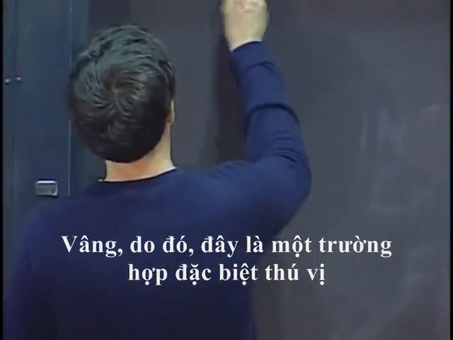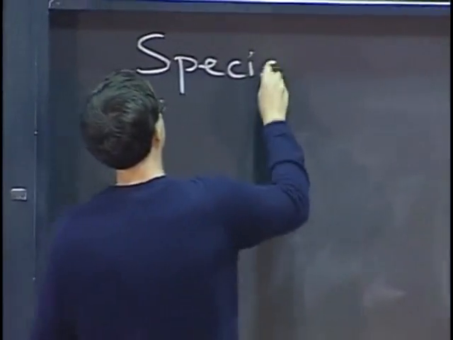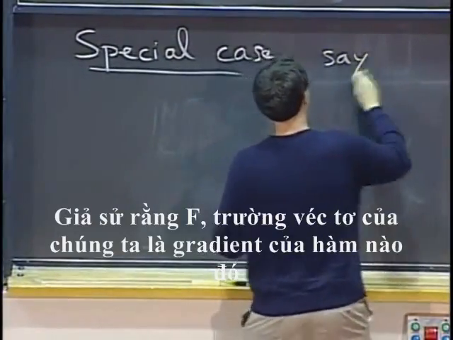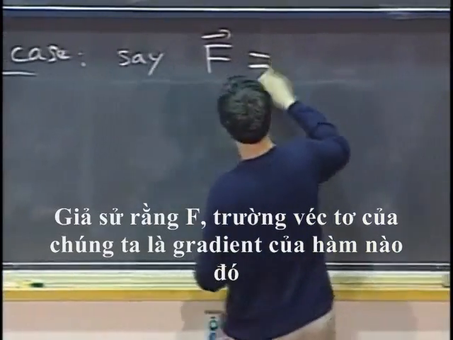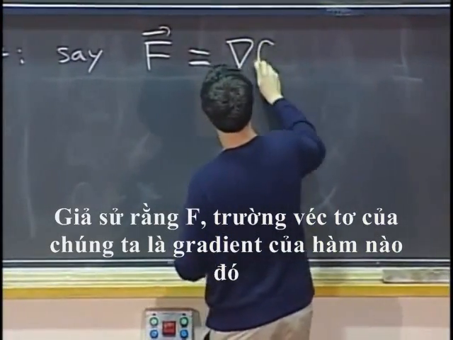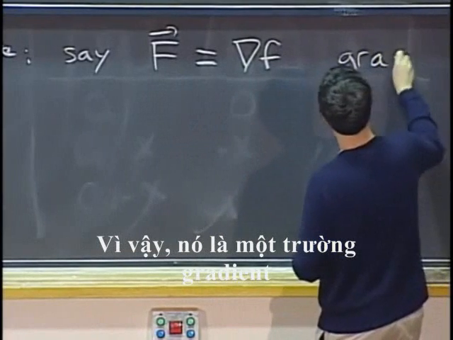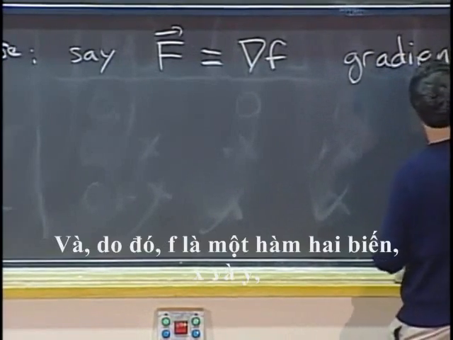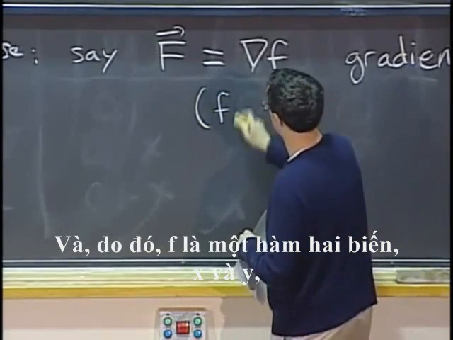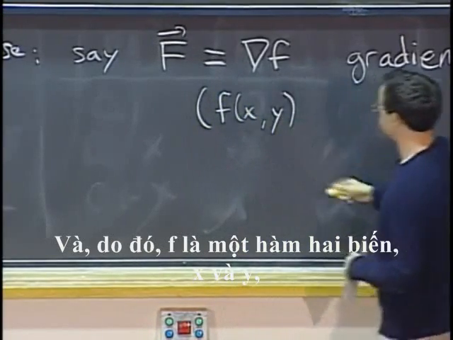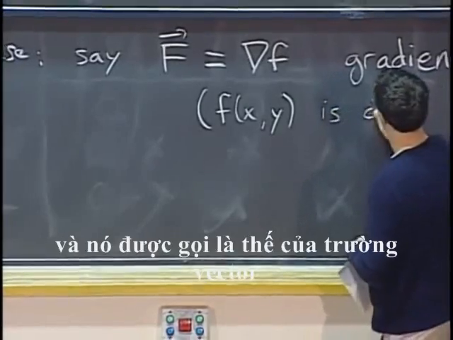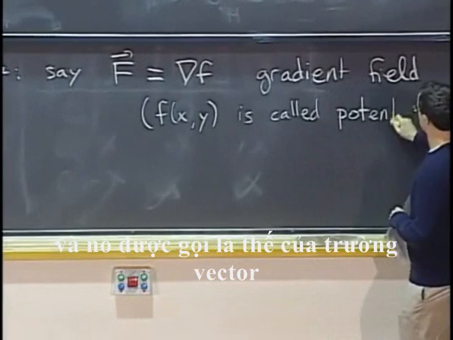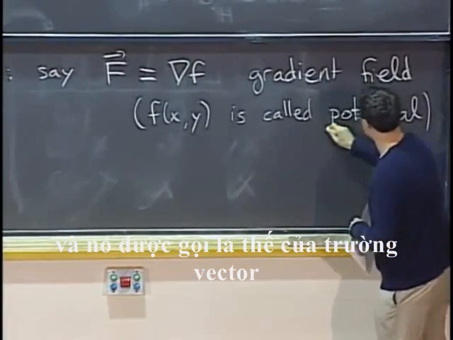Okay, so here's an interesting special case. Say that our vector field F is actually the gradient of some function. So it's a gradient field. And that function of two variables, x and y, is called the potential for the vector field.